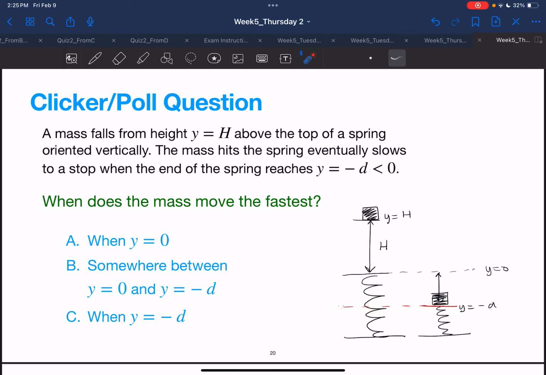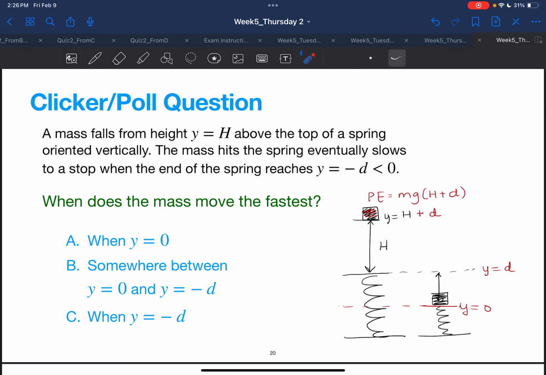So if it's helpful to you to redefine your coordinate system such that this point here is y equals 0, this point therefore will be y equals d, and this top point will be y equals h plus d, that's perfectly fine. So when we start all the way up here, with respect to the lowest point this block goes to, we have all our energy stored in gravitational potential energy as mg(h plus d).